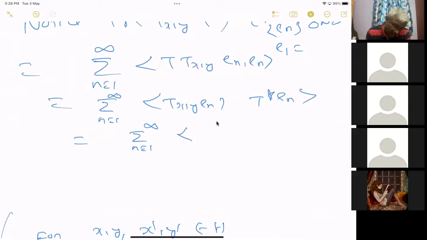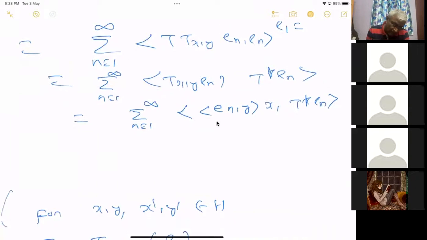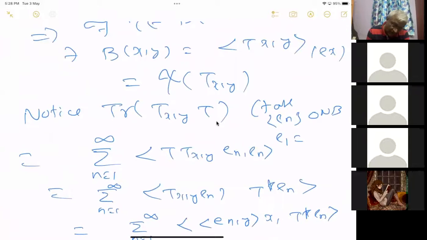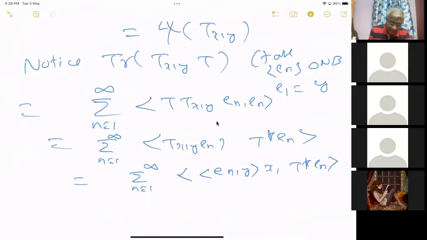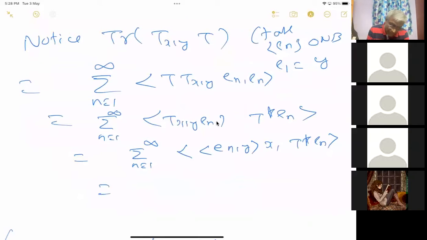T_{x,y} E_n is <E_n, y> E_n, right? <E_n, y> <x, T star E_n>, sorry. Now take an orthonormal basis. Take the orthonormal basis with E_n equal to y. Okay, and all the other elements in the orthonormal basis are orthogonal to y. So only y will survive, right?